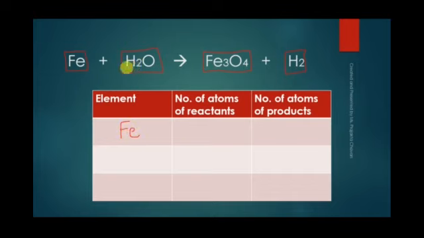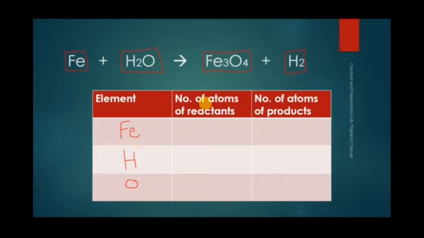The second is H2O. Yes, H2O is a compound, but it is made up of two elements, that is hydrogen, very good, and oxygen, brilliant. So these three elements, let us verify for the product side also: Fe, O and H. Yes, we have written all these elements here.